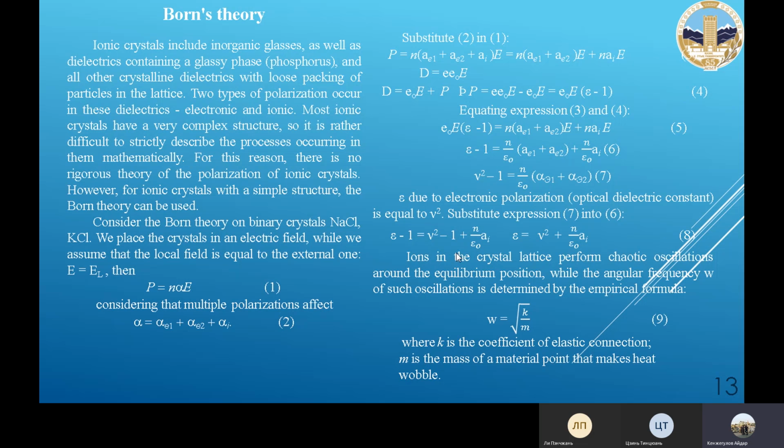Ions in the crystal lattice perform chaotic oscillation around the equilibrium position, while the angular frequency ω of such oscillation is determined by this formula, where k is the coefficient of elastic connection and m is the mass of the material point that makes the thermal vibration.